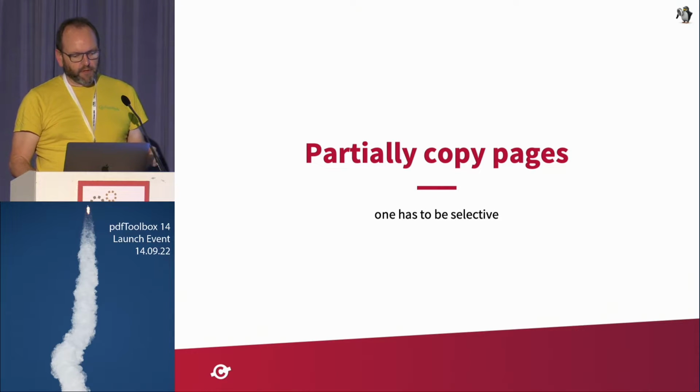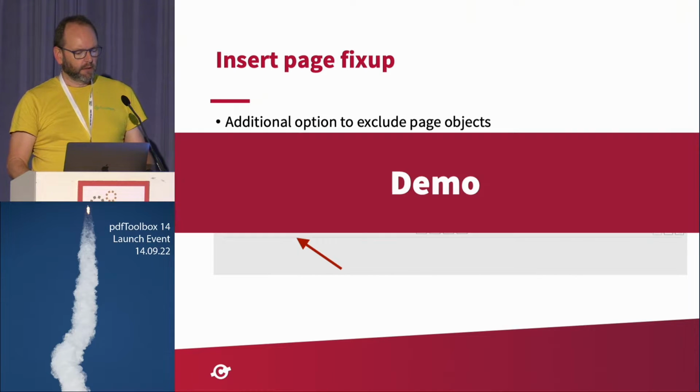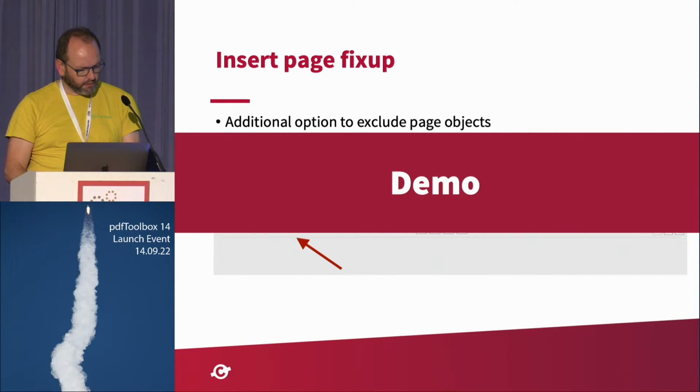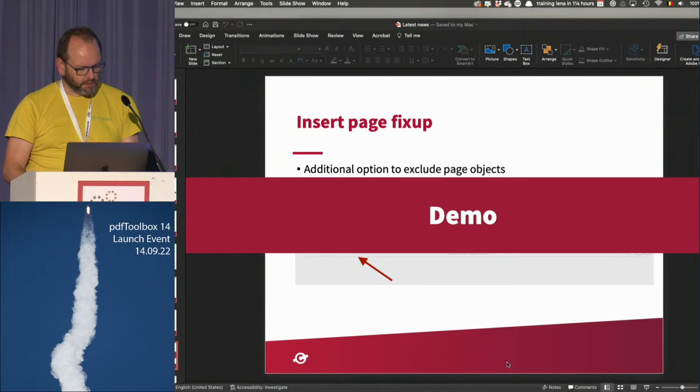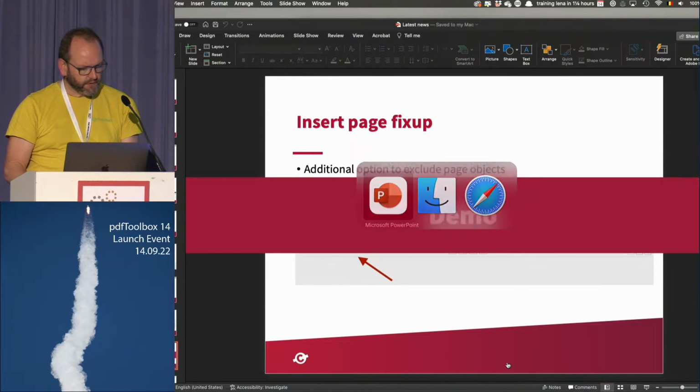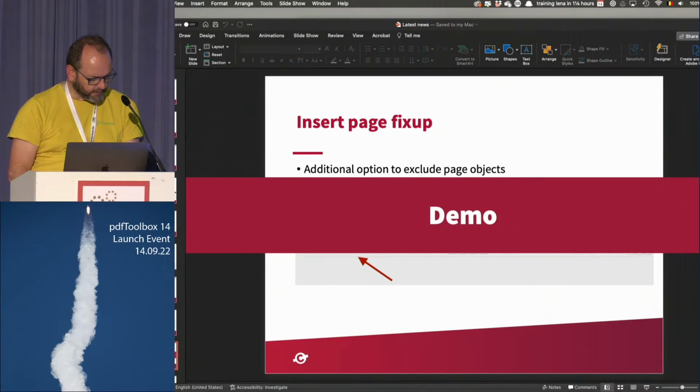This is also one that comes from questions from customers. There is a possibility in pdfToolbox, and I will immediately go to pdfToolbox for this. If I would have it open, that would have been better.